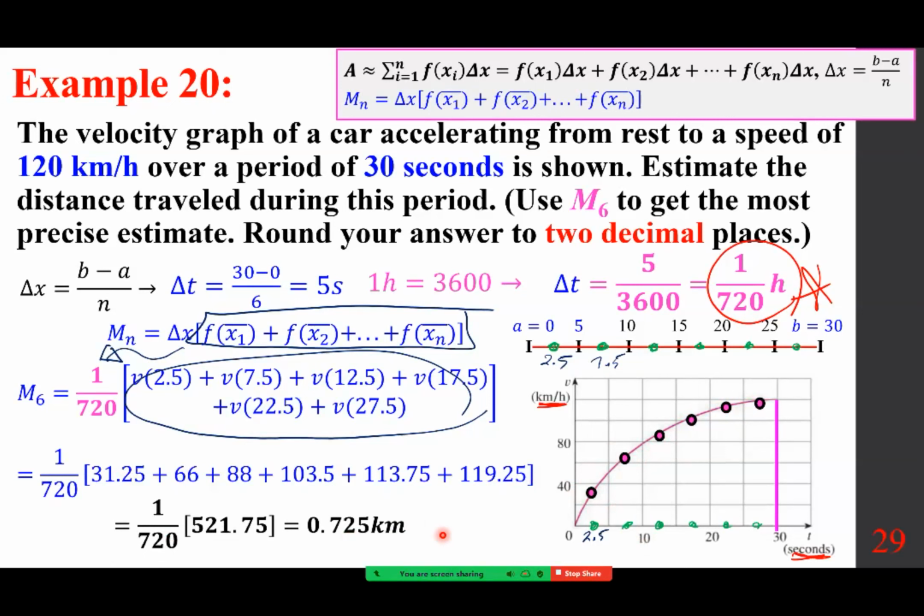So over the course of 30 seconds, according to this, it covers 0.725 kilometers. And everybody knows that 1 mile is about 1.61 kilometers.